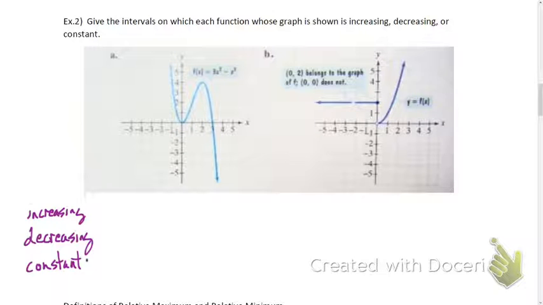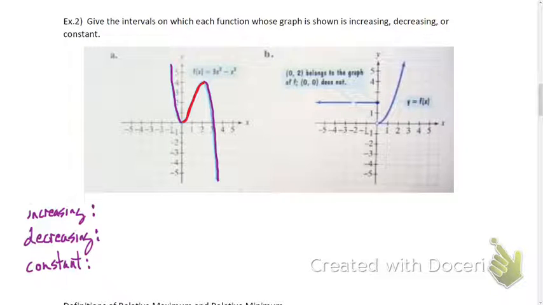And maybe hit pause on the video and see if you can figure it out. I would say it is decreasing on these purple segments, and it is increasing. What other color stands out? On the red segment.